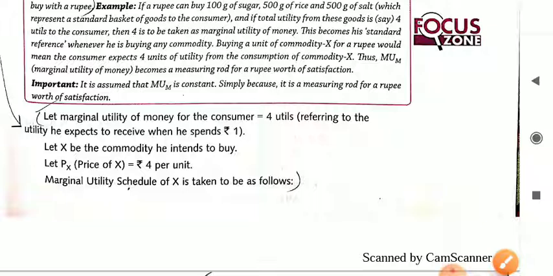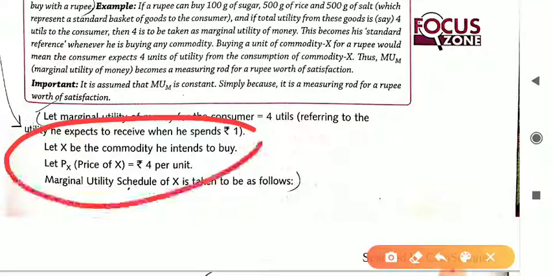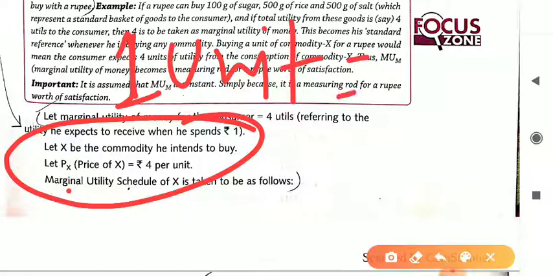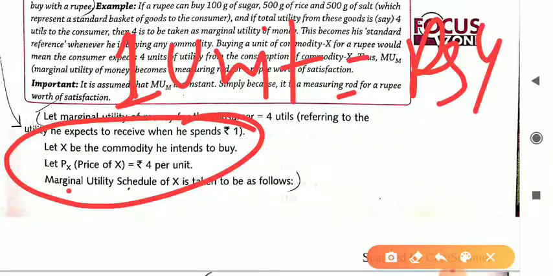Now let X be the commodity he intends to buy. In our case, X means a shirt. So the price of the shirt is rupees 4 per unit. The price of 1 unit of the shirt equals rupees 4.